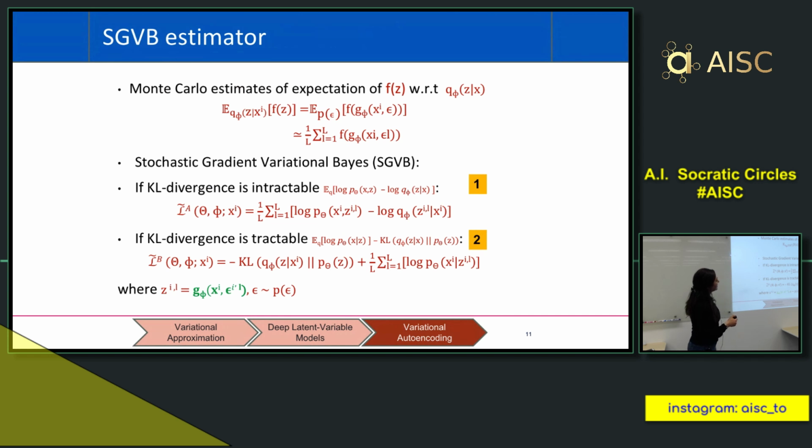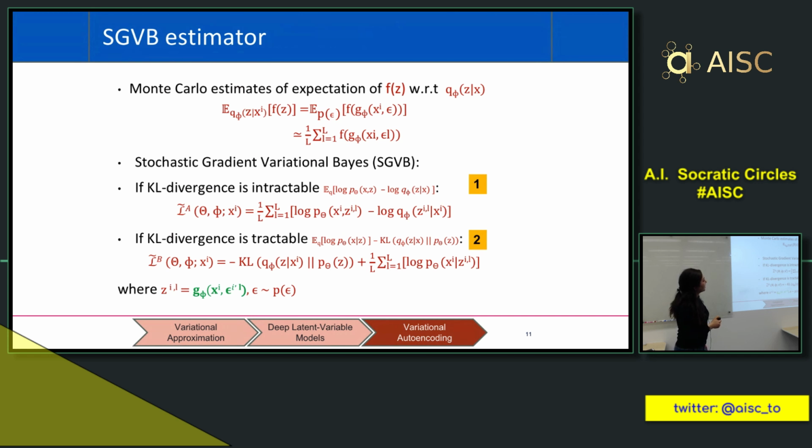Back to the sampling process, if I have an expectation of this, using Monte Carlo estimates of the expectation, it can be rewritten with this. I take samples for this deterministic variable with respect to this, and I can add them.